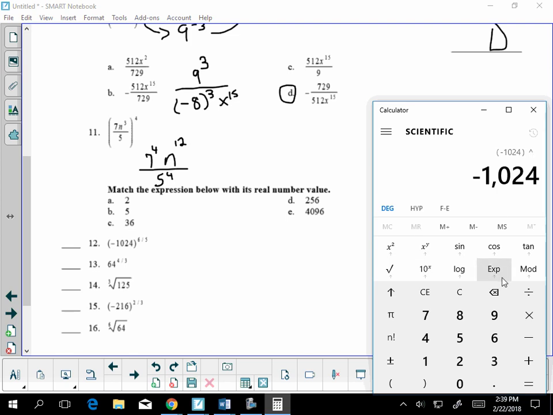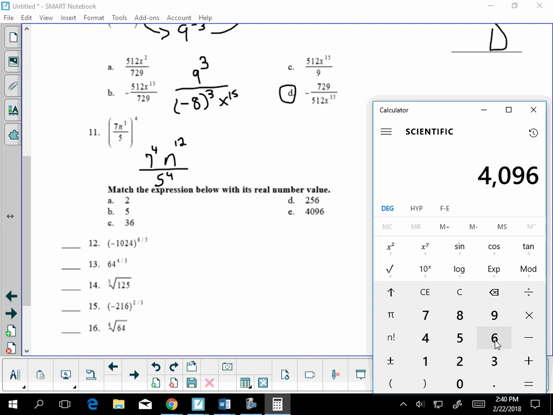Some of your calculators probably have a caret, and it's going to be 6 divided by 5. Remember, a fraction is the same as dividing. 6 divided by 5, and it's writing everything up there. And just hit your equal sign, and you get 4,096.